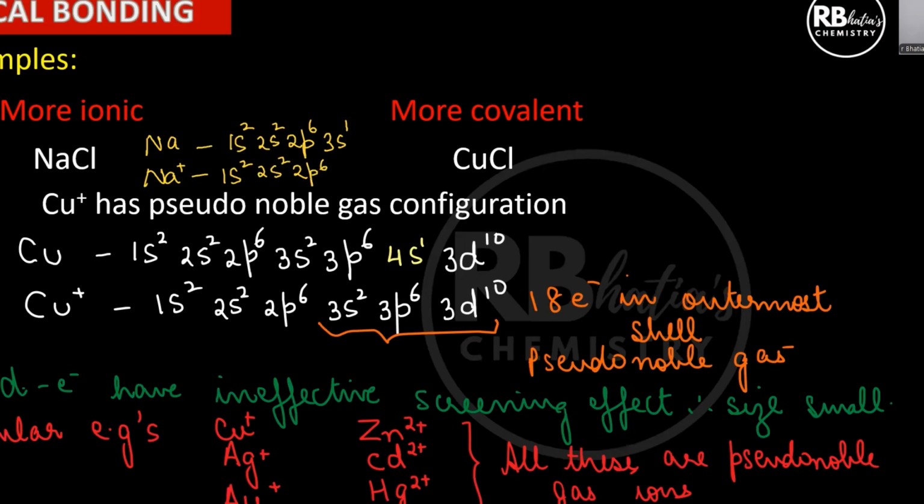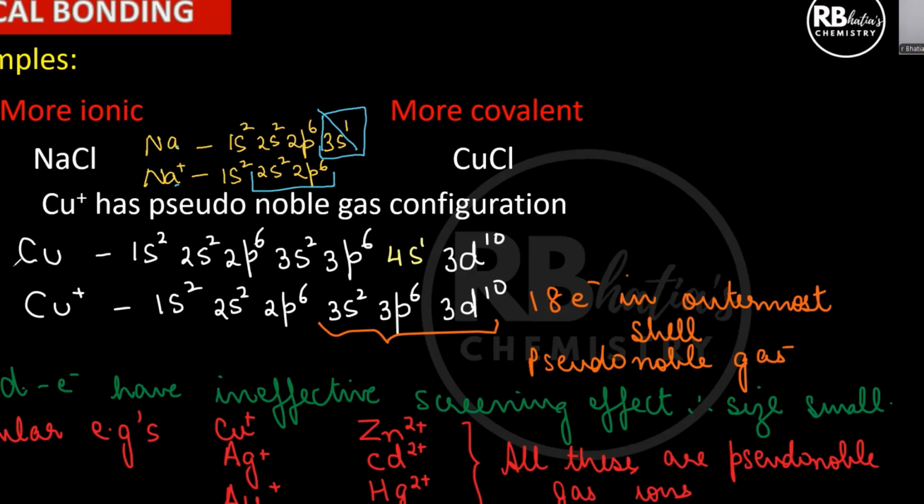Just for helping you recall, we have done in periodic properties that an electron is always lost from the highest principal quantum number while making an ion. So when you make an ion of sodium, the last electron will be removed. We get 1s2, 2s2, 2p6, meaning 8 electrons in the outermost shell. So this is the normal noble gas configuration.